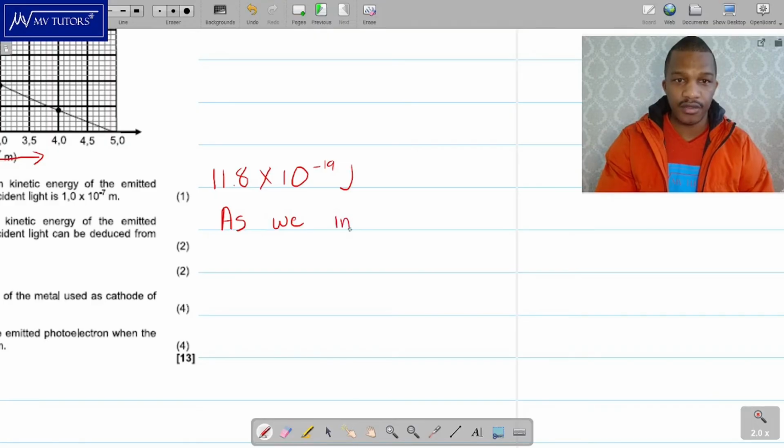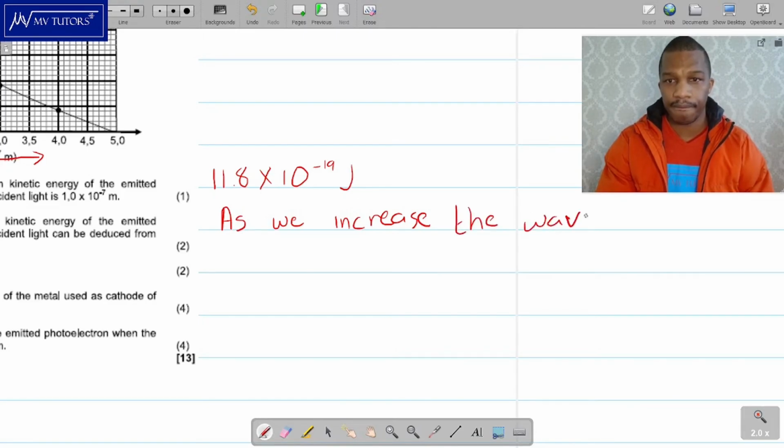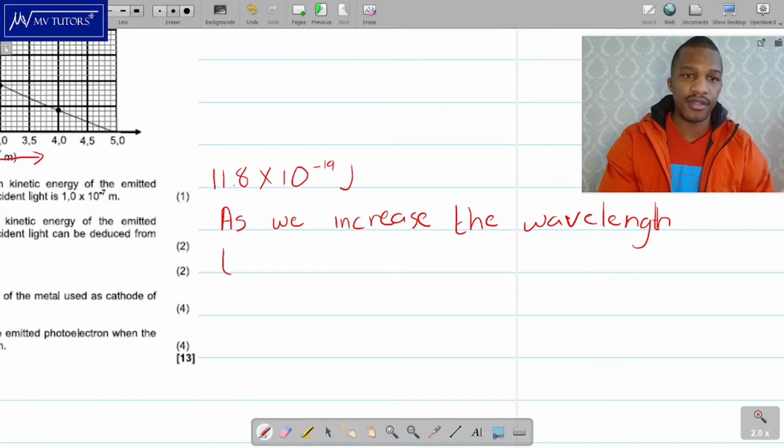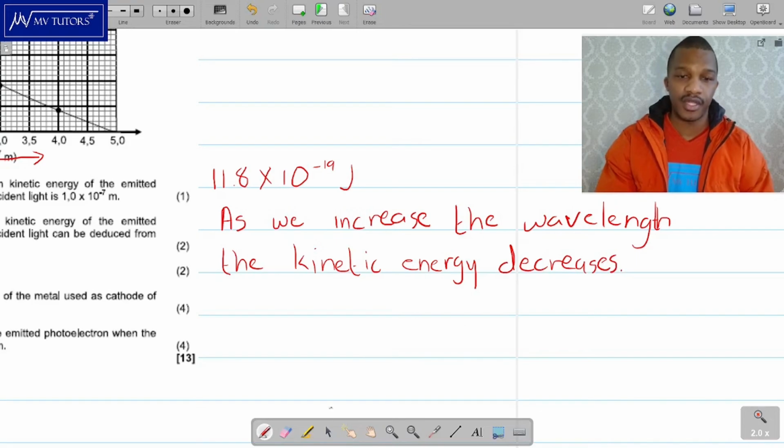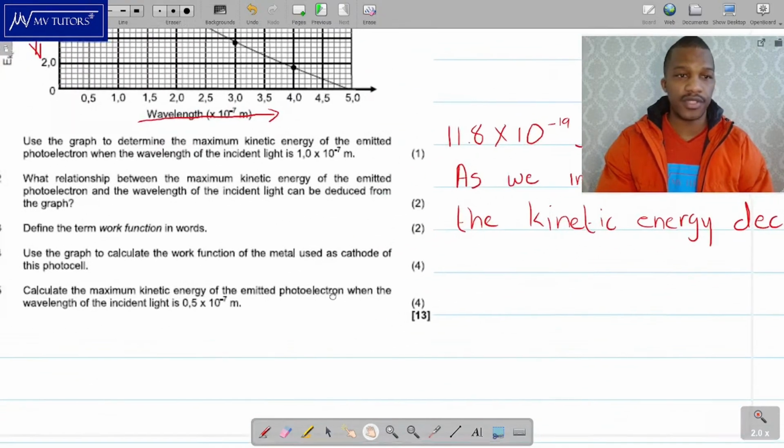As we increase the wavelength, the kinetic energy decreases, or the maximum kinetic energy decreases. That's it. That's all we're going to say about that.